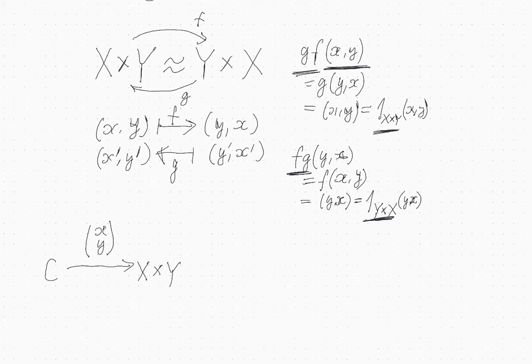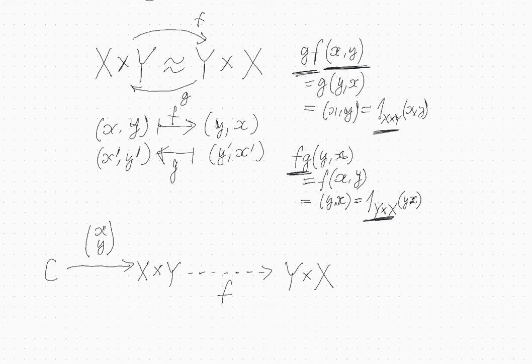So I need an F here, which acts on the column xy in the following way, that when I compose F with that, okay, now I realize that I didn't say something very important about how generalized elements interact with other morphisms. So we're going to make a little pause here, and I'm going to now fill in the gap that I left off.